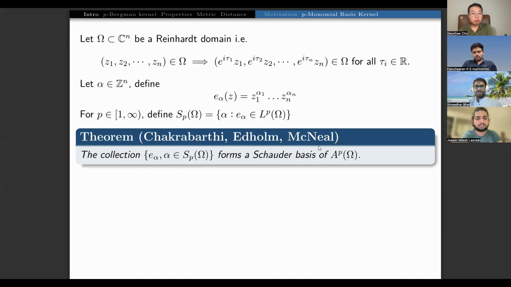Now, the idea is to define a projection or kernel using this Schauder basis idea.